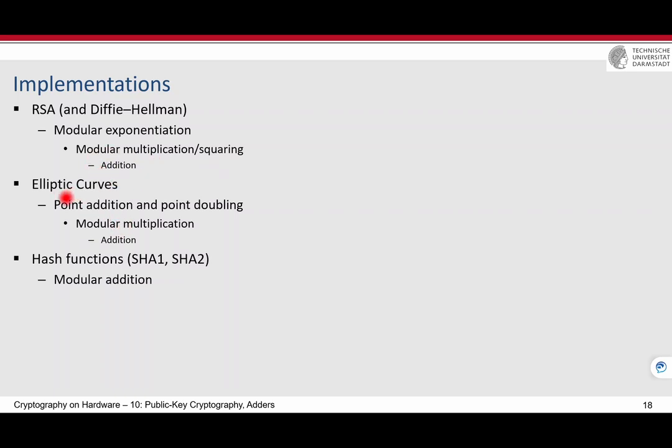For elliptic curve cryptography, both point addition and doubling need modular multiplication, and modular multiplication again needs an adder. For SHA-1, you directly need modular addition. SHA-2 the same. Keccak, you have seen, is not based on any arithmetic operation, and it doesn't need any adder.